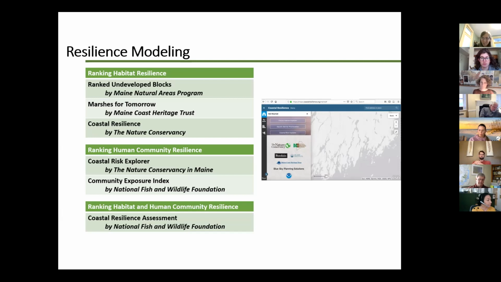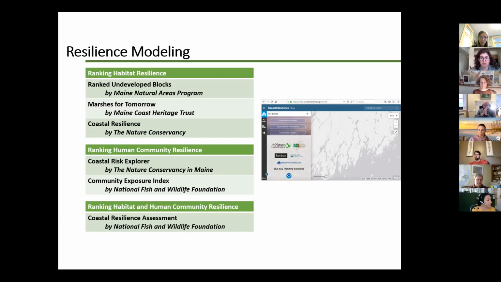They also had some really cool work that the Maine chapter of the Nature Conservancy had been doing that included human elements. They had a coastal risk explorer that looked at just what Oliver was saying, really gave them a sense of areas that were both at highest risk and maybe had the highest social vulnerability, likely to be exposed and vulnerable.